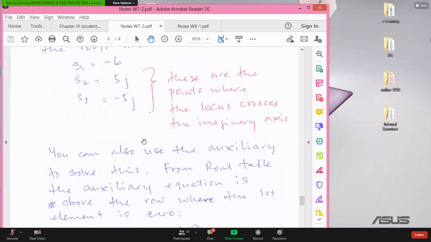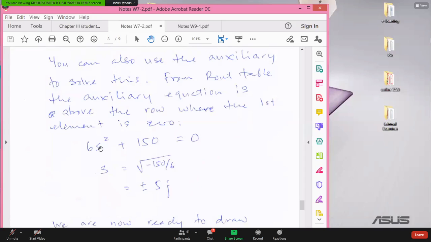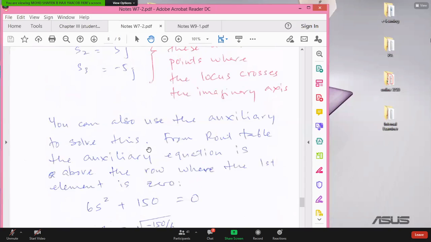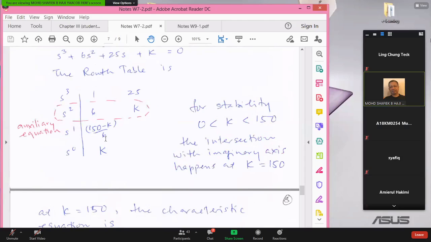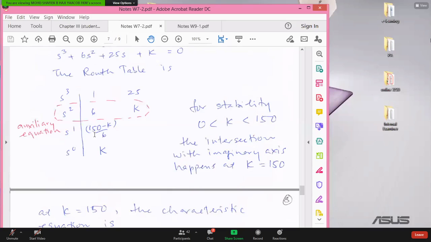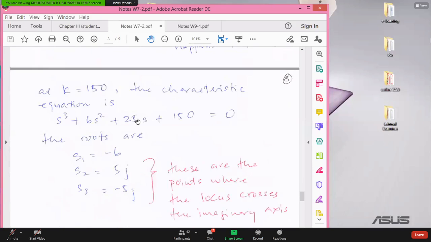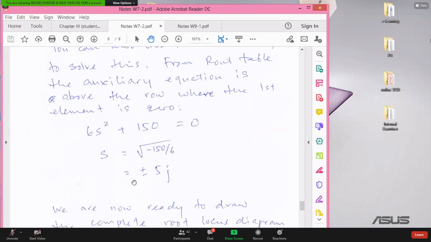When you use the auxiliary equation, you have 6s squared plus 150. You just use the equation just above, the first element in the first column equals 0, so this is 6s squared plus k equals 0. Then you can easily solve for the intersection with the imaginary axis. You get plus and minus 5j. So either way, you just choose whatever method is convenient for you.